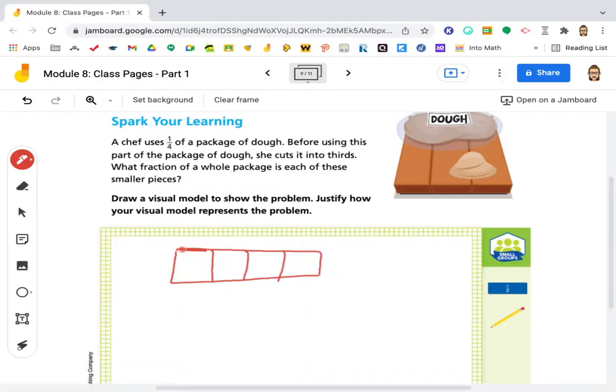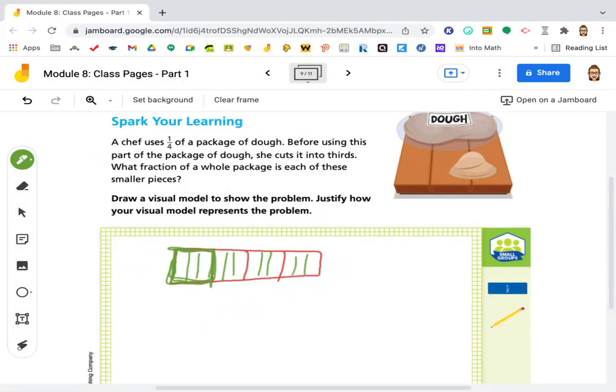So this piece right here is what's being used. Before using this part of the packaged dough, she cuts it into thirds. So we're just looking at this piece, but I'm going to cut each of the pieces into thirds so that way we can see how many pieces there are.